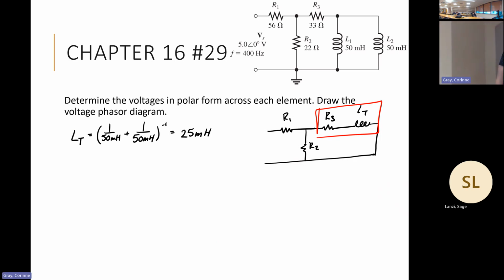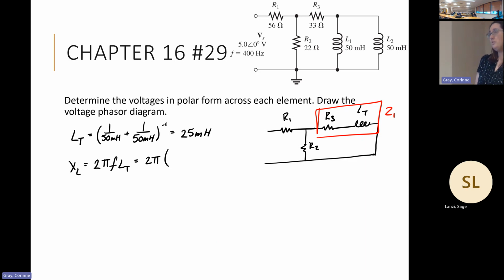What do we want to call this? Yeah, we call this Z1. So to find Z1, because they're in series, I need to find XL. Do I need to convert in this case? Yeah, we should, right?